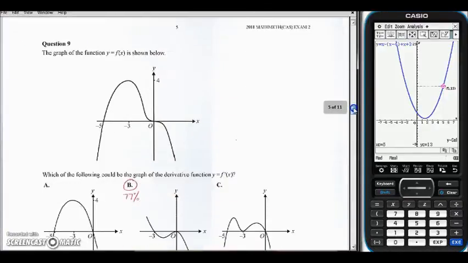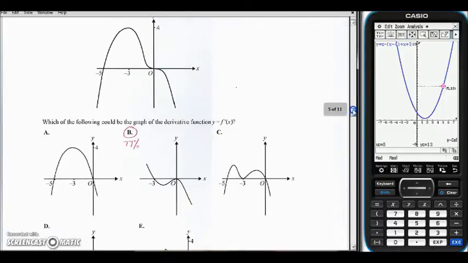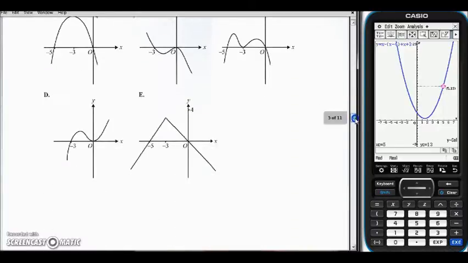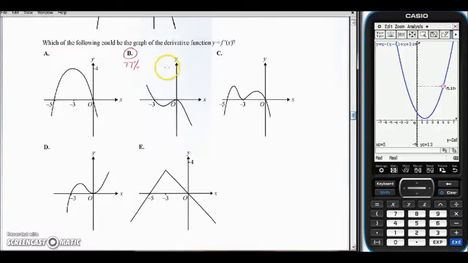Moving on, question 9. This is a fairly easy one. Could maybe do this one in reading time. So here's a function. What does the graph of the derivative function look like? Here's a stationary point. Here's a stationary point. On the derivative, those 2 points will be x-intercepts. So if we have a look at which of the 5 have x-intercepts at 3 and 0, B, C, or D are the only options.